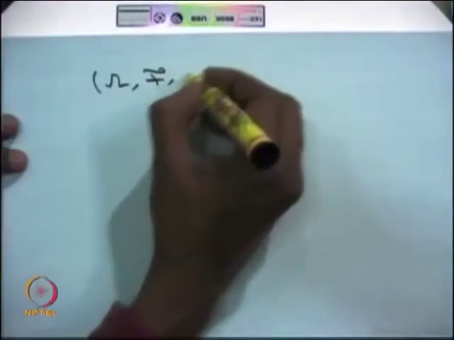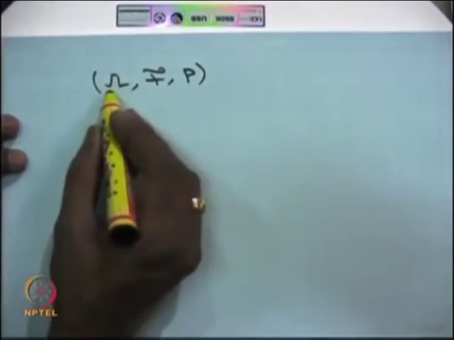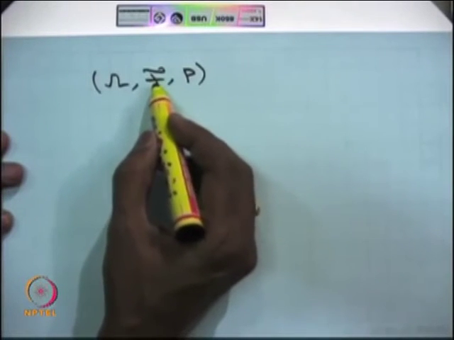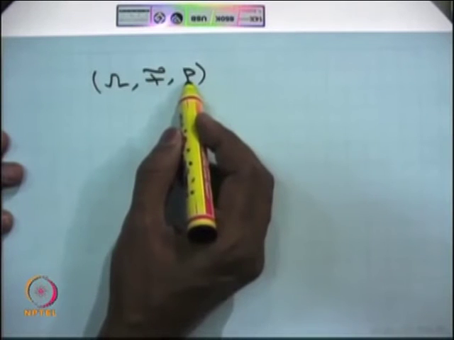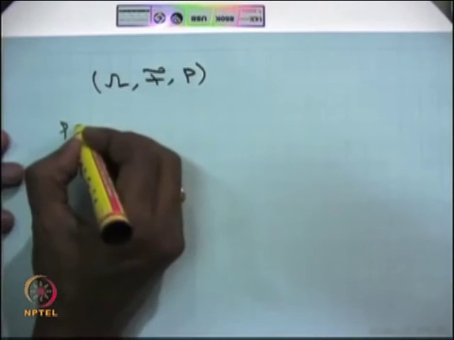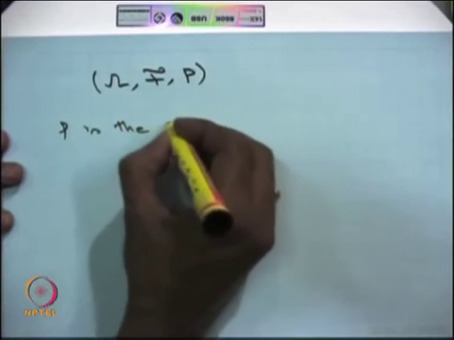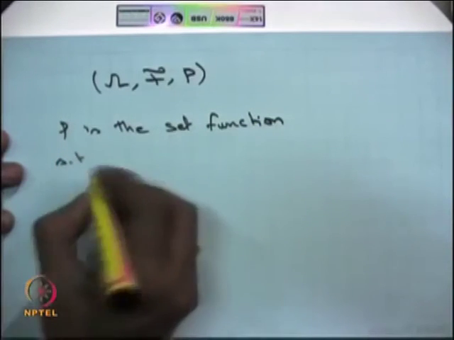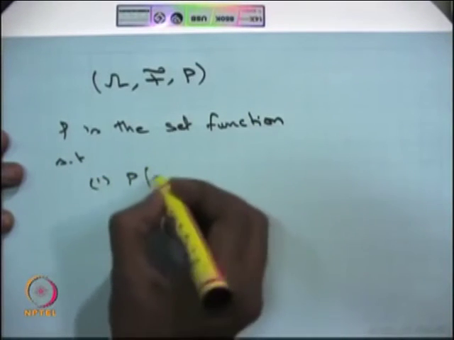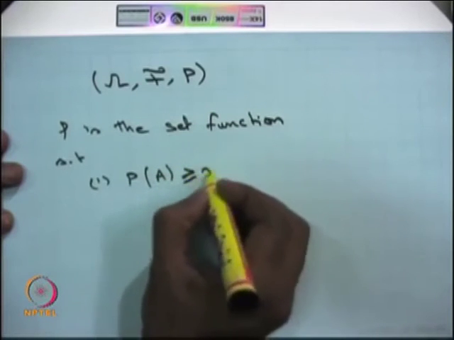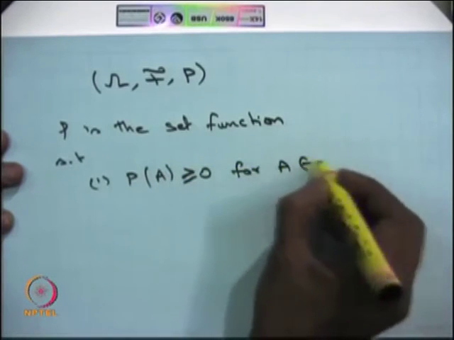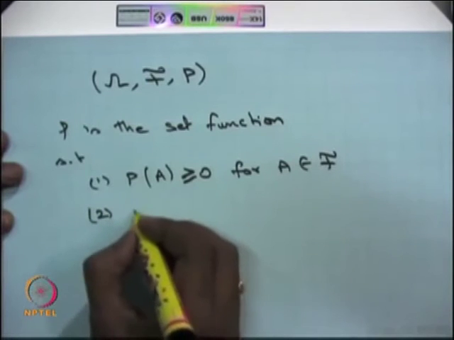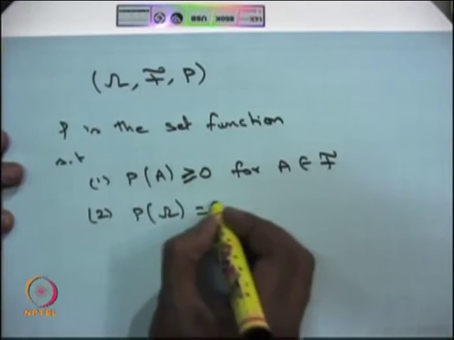The probability space is a triplet in which omega is the collection of possible outcomes, F is the sigma algebra over omega, and P is a set function such that P of A is always greater than or equal to 0 for any A belonging to F. The second condition, P of omega is always 1.